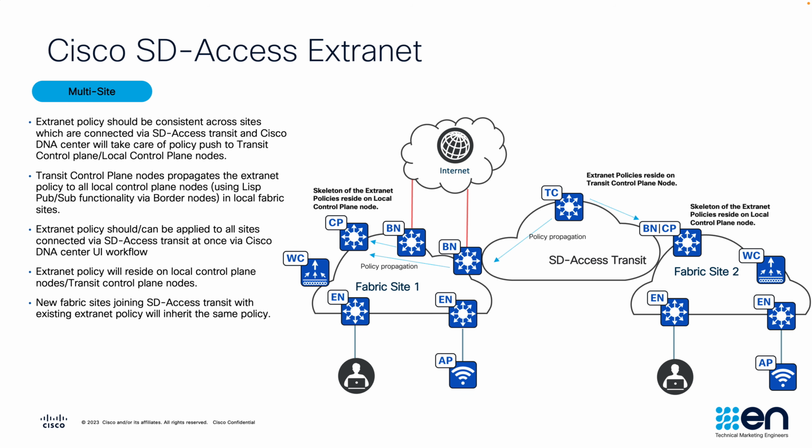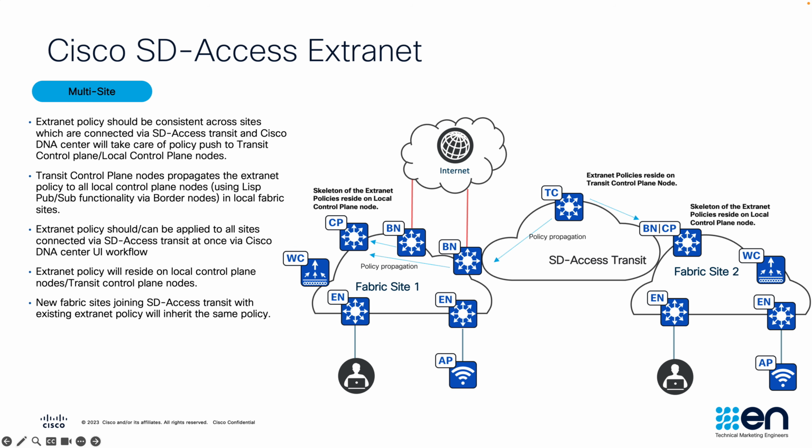So which brings us to a very important point, that the LISP extranet is supported with our latest LISP publisher and subscriber control plane architecture only. And once the policy is propagated to all control plane nodes, its functionality is similar to the extranet policy for an IP transit or a single fabric site.